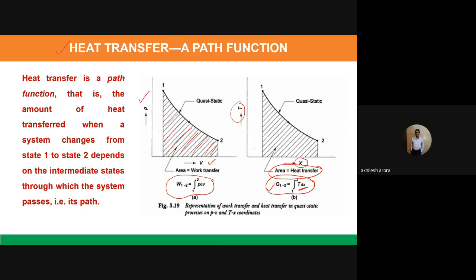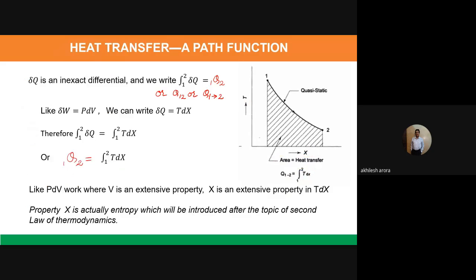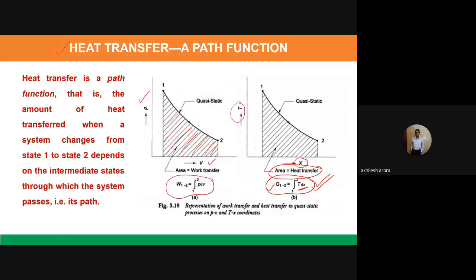So X for the time being you don't know. I will let you know about this particular case also. What is X actually? For the time being, you should always remember that TdX is nothing but it is actually equal to the heat transfer. So if I have to calculate delta Q, then it will be given by TdX, where X is a property.